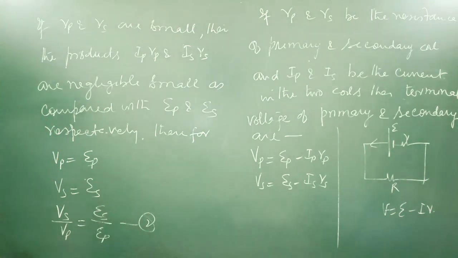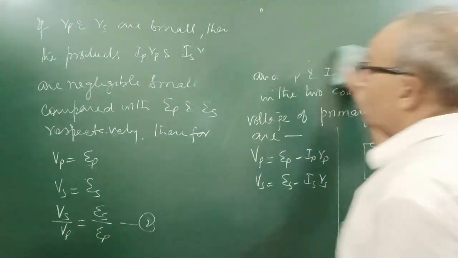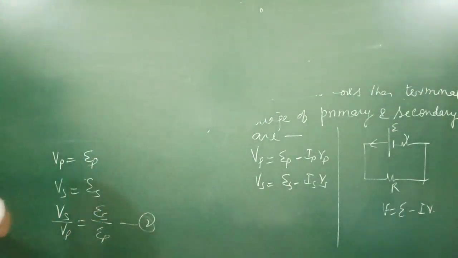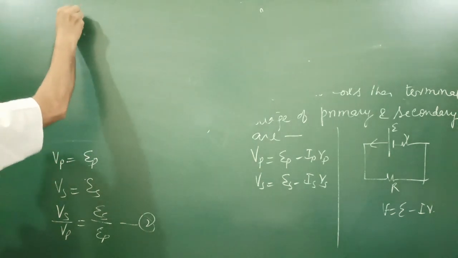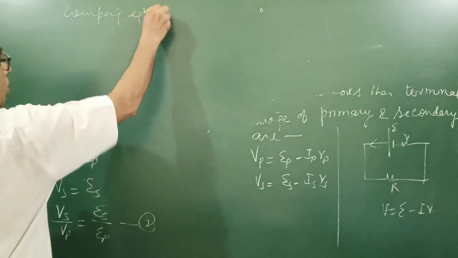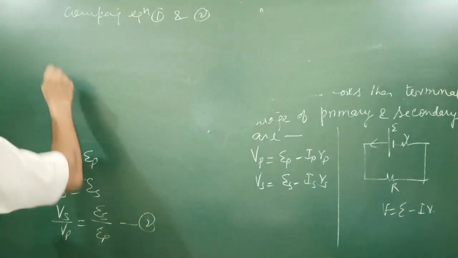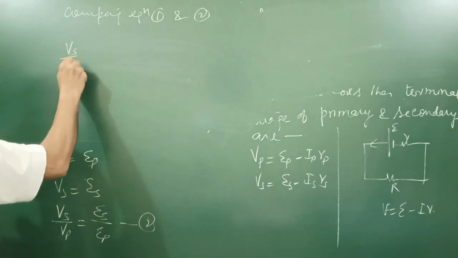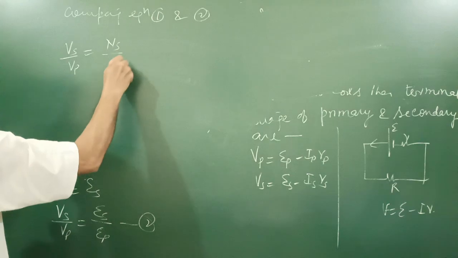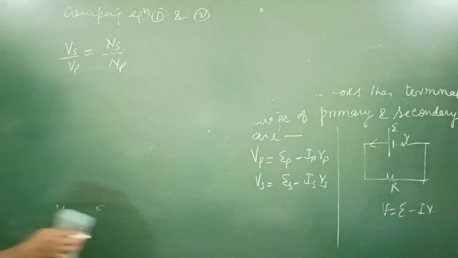Comparing equation 1 and 2, we get VS upon VP is equal to NS upon NP, where NS and NP are the numbers of turns in the secondary and primary coils.